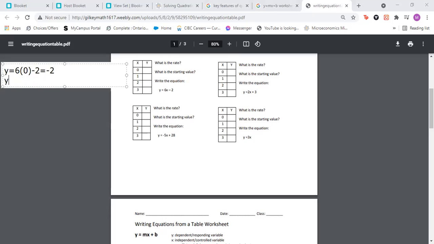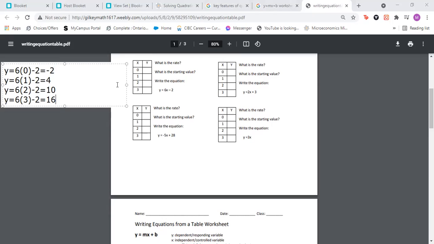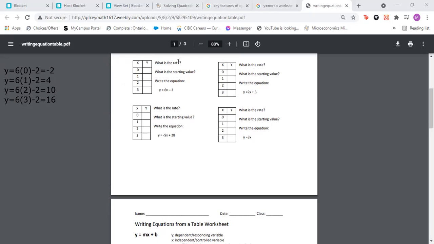It'd be -2 here. This would be 4. Ten. Oh, okay. 16, yeah. So you take the number in front of the x, the slope, and then times it by whatever term it is. Because you have the equation on here and then you just factor it in.